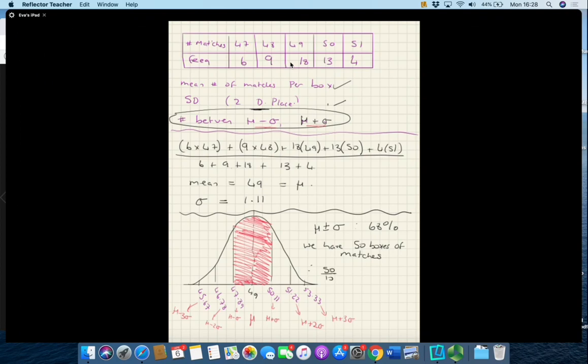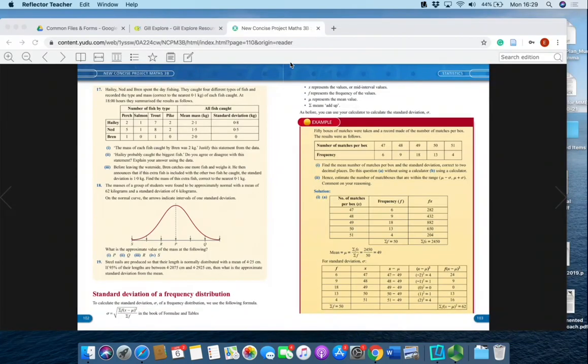So 50 divided by 100 multiplied by 68 will get me 68% of it. So it's 34 boxes of matches. Okay, and this is using the empirical rule, which is your justification. So yet another way where they ask the empirical rule.